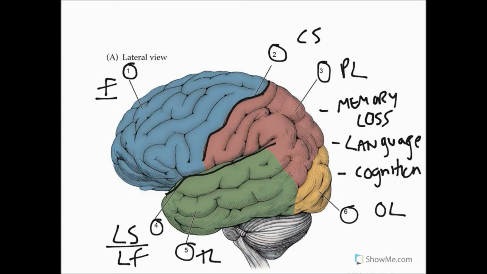Some areas of the brain are spared in Alzheimer's disease, and we're not really sure why, but areas in here, so this is the primary motor cortex, and in here, just posterior to the central sulcus, we have the primary sensory cortex. They tend not to be affected, so any problems that we tend to have with motor control are down to basal ganglia dysfunction.